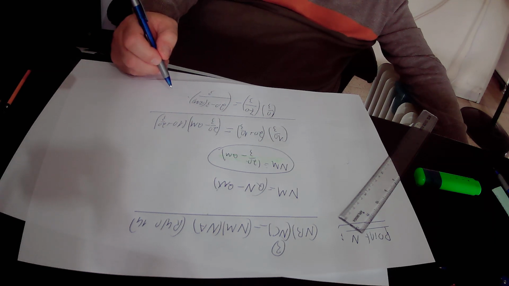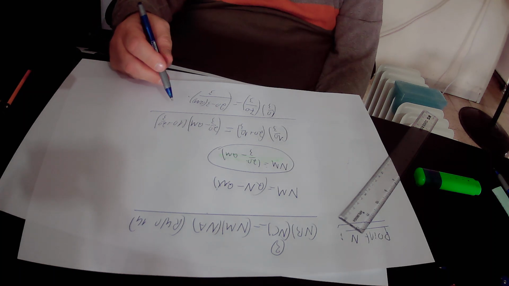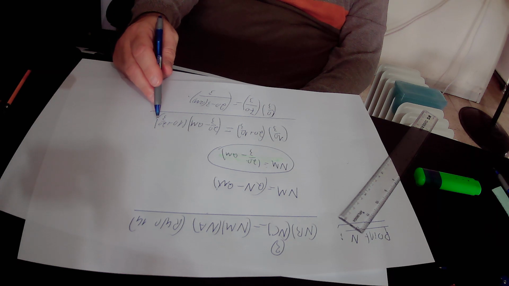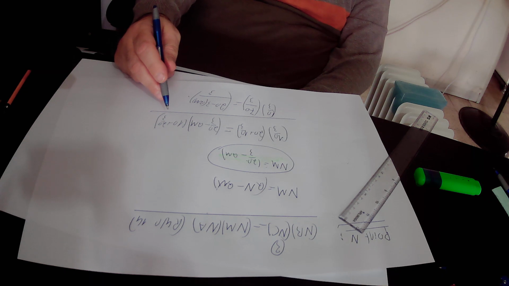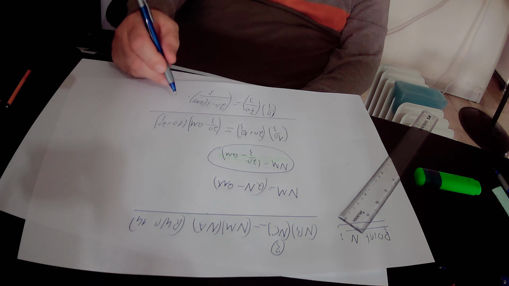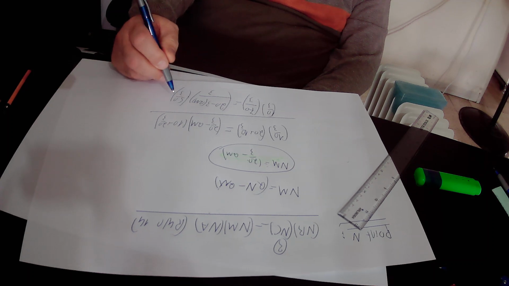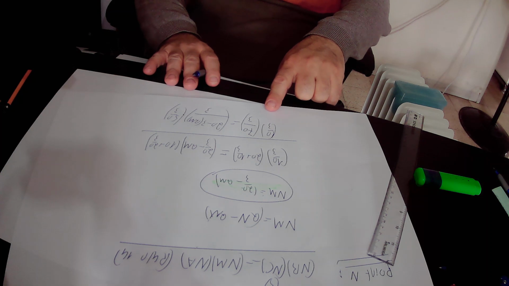Times 10 plus 20 over 3. Here we multiply 10 by 3 and then divide by 3 in order to have a common factor with 20 over 3. So 10 times 3 is 30 and 30 plus 20 is 50. So in the numerator we have 50 divided by 3. So on both sides of this equation we have in the denominator 3 times 3, that is 9.